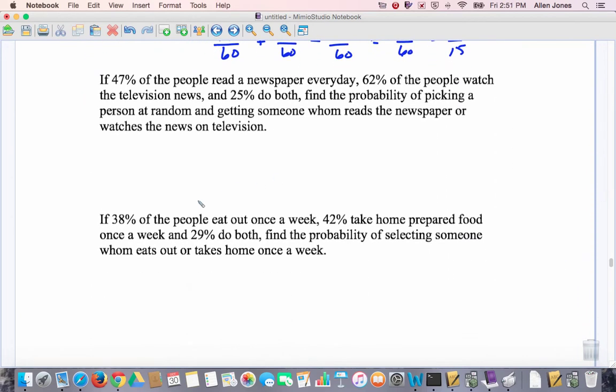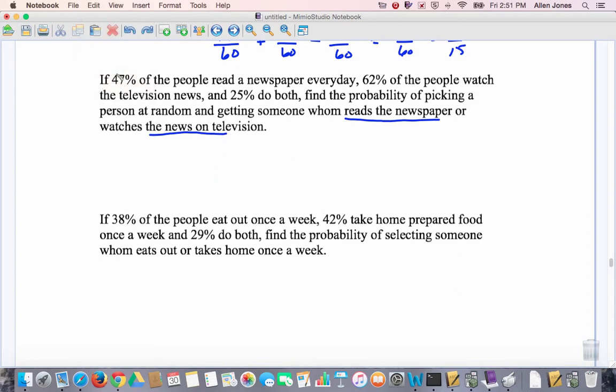A couple more examples here. 47% of people read the newspaper every day, 62% of people watch the television news, and 25% do both. Find the probability of picking a person at random and getting someone who reads the newspaper or watches the television news. So the first question we have to ask ourselves, is it possible for someone to read the newspaper and also watch the television news?